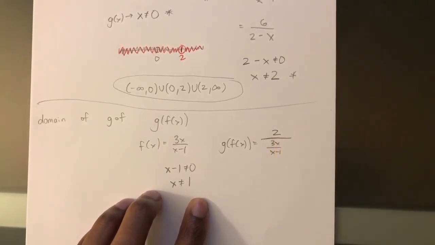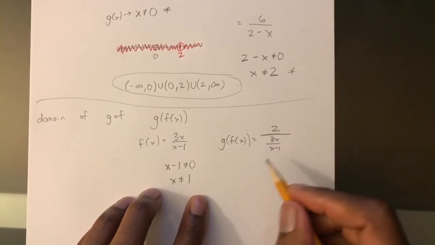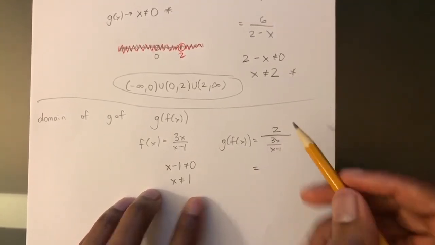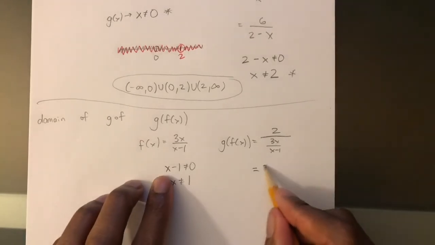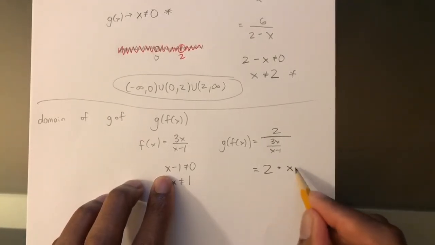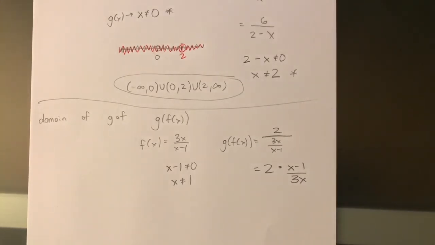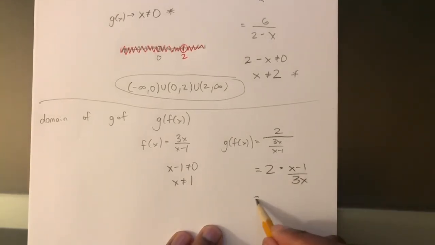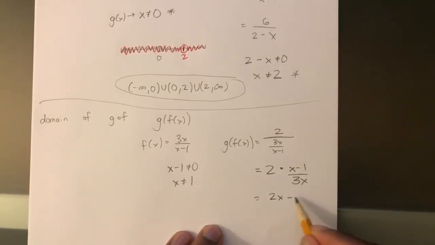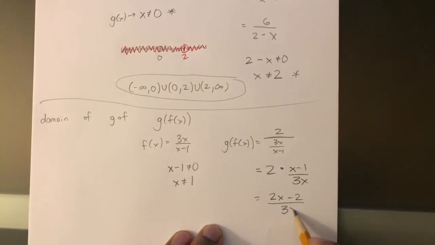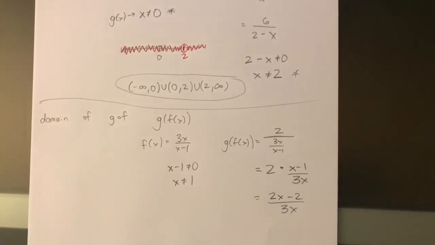Easiest way to simplify this one: remember, anytime you're dividing by a fraction, that means you're technically multiplying by the reciprocal of that fraction. That'll help you clean this up very nicely. And since you're going to multiply a 2 over here, make sure the 2 distributes, so it becomes 2x minus 2 on top. So there's your new composition, g of f of x.